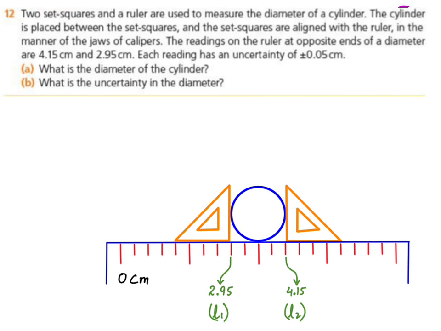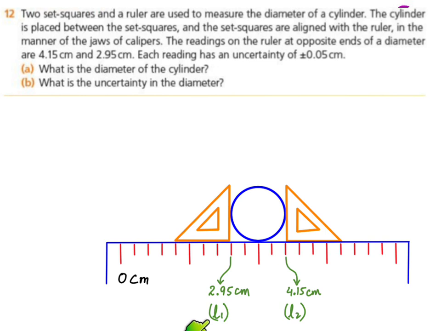When they are aligned with the ruler, you will find that the readings on the ruler at the opposite ends of the cylinder are 2.95 and 4.15 centimeters.